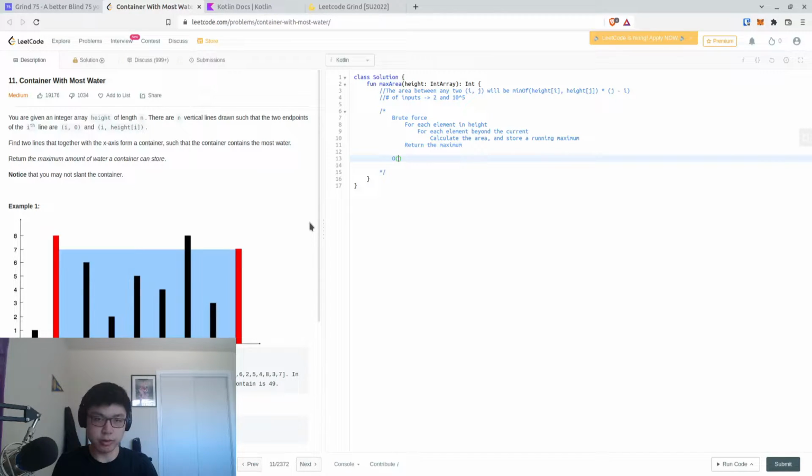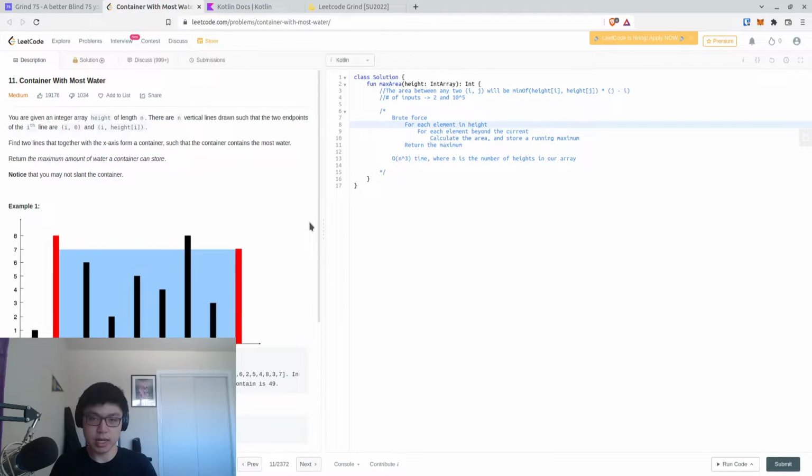This would be O of n squared time, where actually, no, this would be n cubed time, where n is the number of heights in our array.